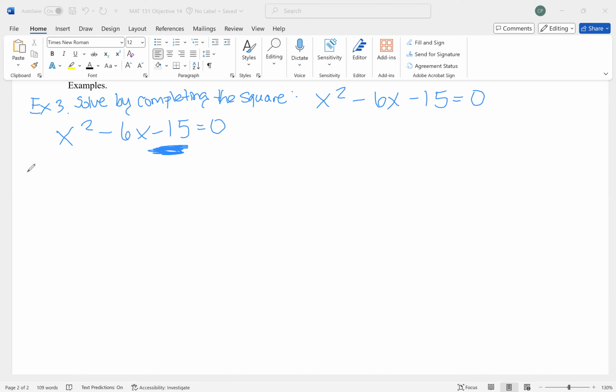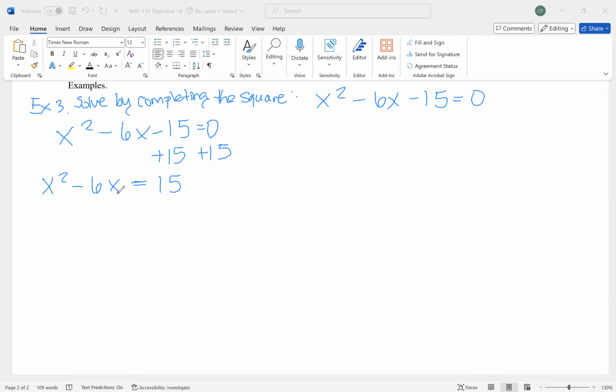So we're going to add 15 to both sides, okay? When we do that, it's going to leave us with the first 2 terms over here, and then we have a number on that other side, okay? So this is how we want it to be, all right?